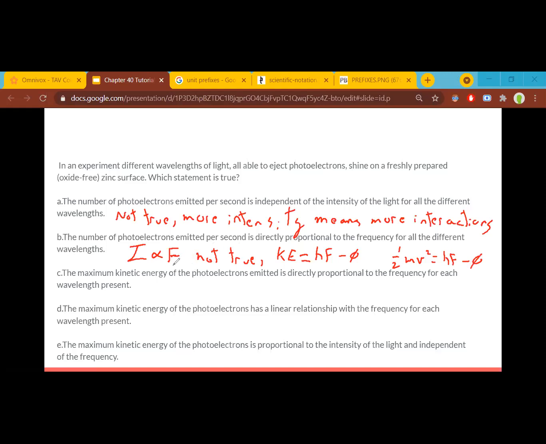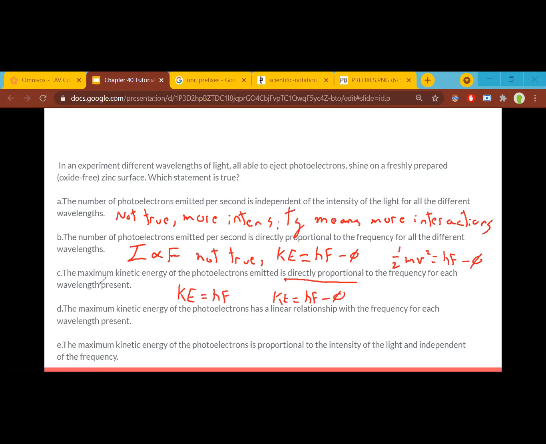Statement C says the maximum kinetic energy is directly proportional to the frequency for each wavelength present. Again, the keyword here is directly proportional. Directly proportional implies this, but it's not quite right. Again, it's actually a linear relationship. So it's not true.